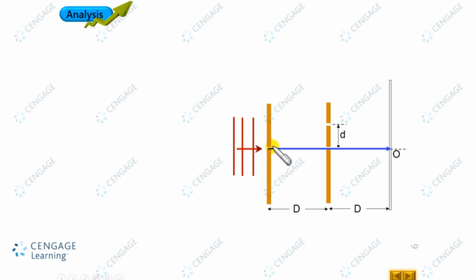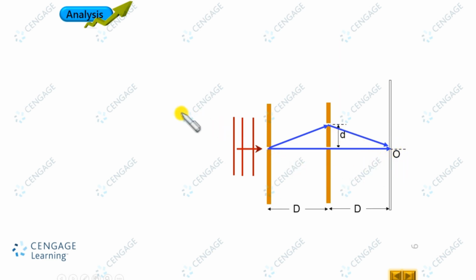It will reach this point and finally reach this point. Okay, you can observe the two waves. One is the direct wave, the second is from this to this and from this to this. There is a path difference between the waves, and we need to calculate the minimum value of small d for which there is a dark band or minima, right?